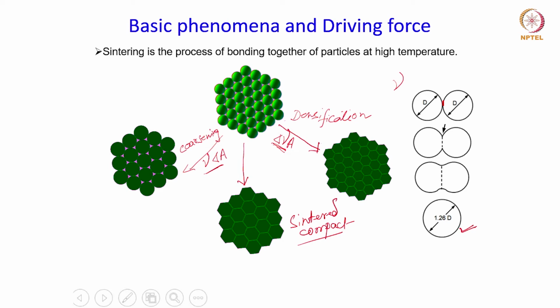So as I said, you can see here also how the sintering process involves both densification as well as grain coarsening. So therefore, the total change in the surface energy, delta gamma A, will be given by these two contributions, one from densification and the other from coarsening.